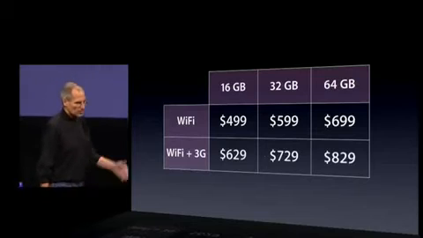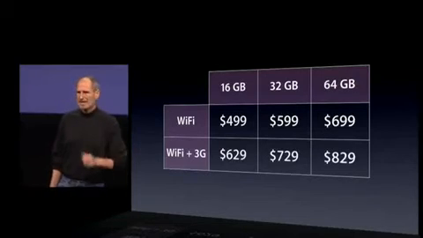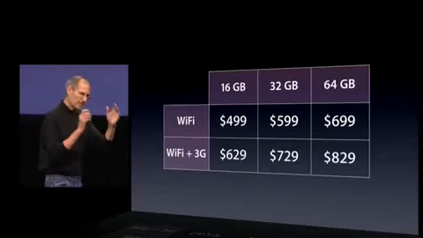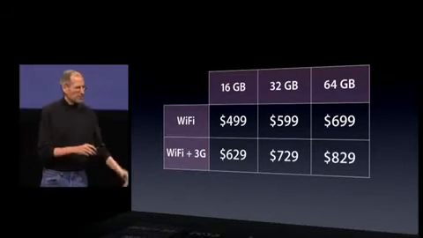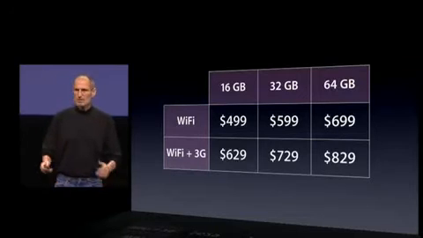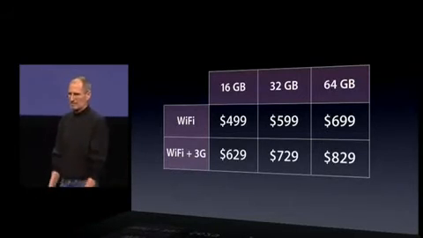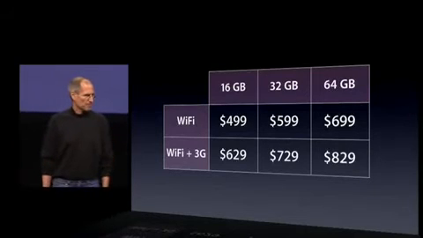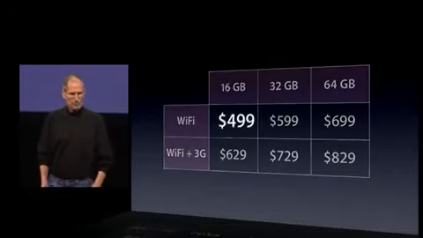And so $629, $729, and $829. And these will be the 6 models of iPads we have, starting at $499, with the most expensive model with 64 gigabytes and 3G, just $829. We think it's an unbelievable price offering.